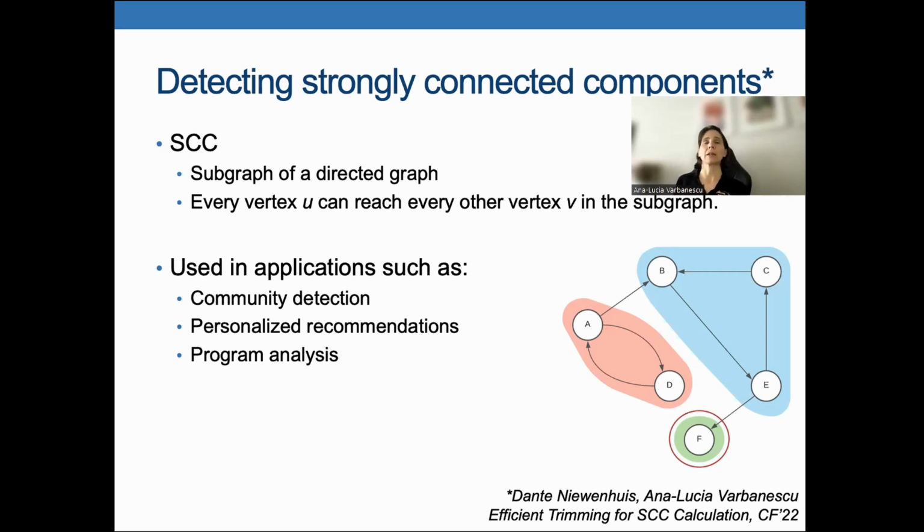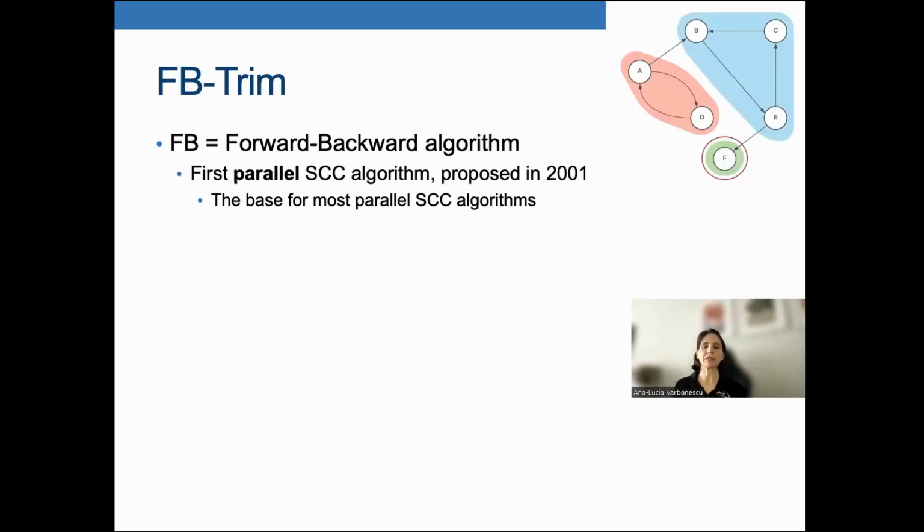And to do that, we looked at an algorithm called forward-backward, which is basically a recursive algorithm that splits the graph into different parts and eventually, again, recursively splits the graph up to the point where it finishes splitting it up in connected components. Let's just put it like this very simply. So this is really the most common parallel algorithm for strongly connected components. It exists for many years by now.